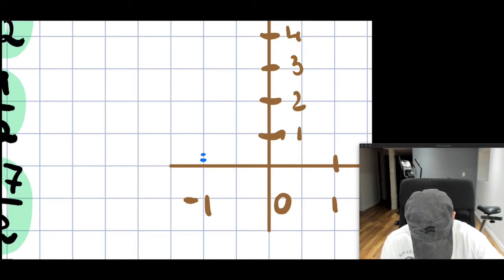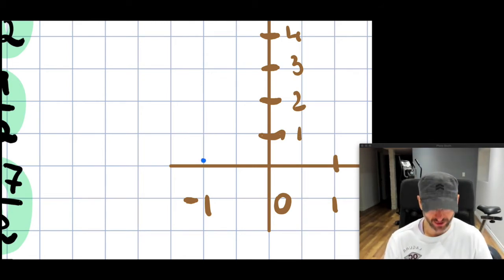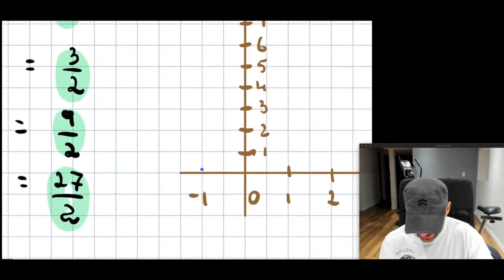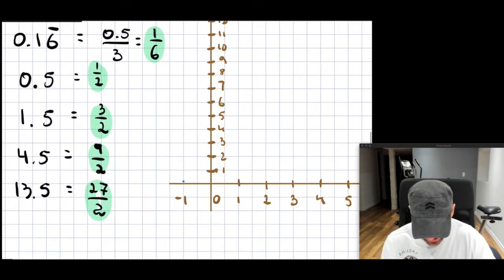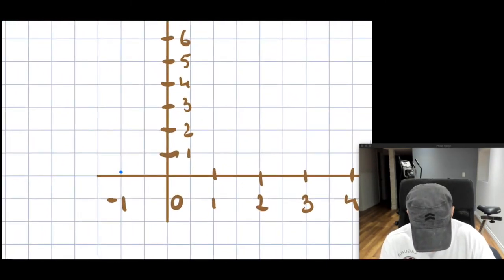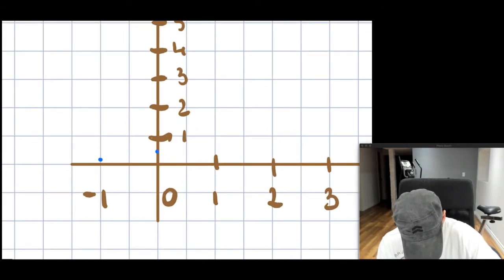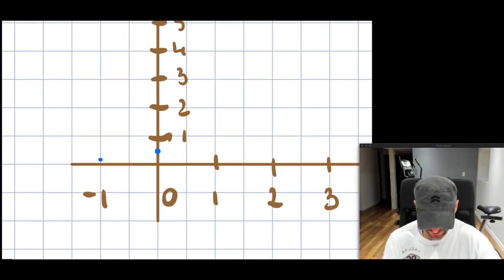So 1, 2, 3, 4, 5, and then that's 6. My first one is going to be very low, so my point would have been right here. That's 1/6. The next one that I have is a half, and that's at 0. A half is basically halfway through here, so this is my half right here.